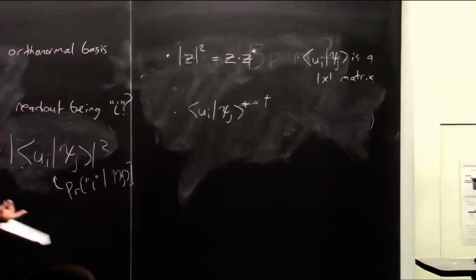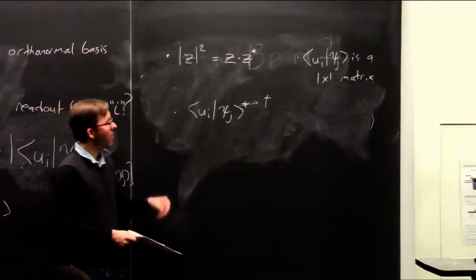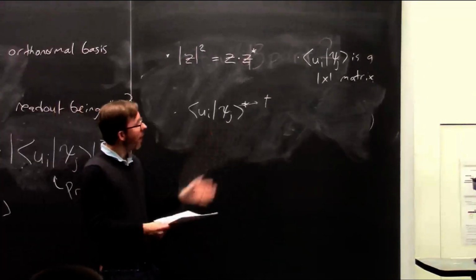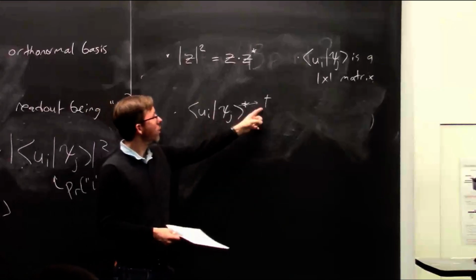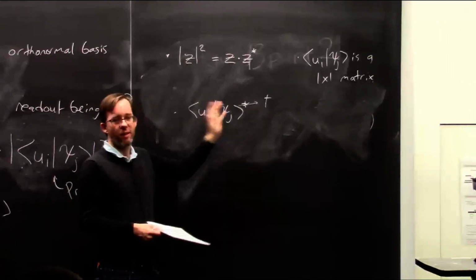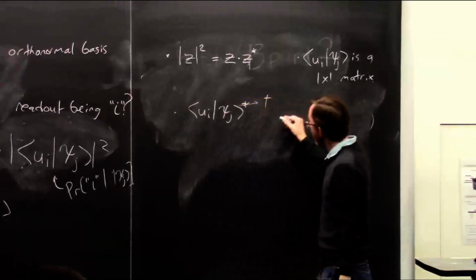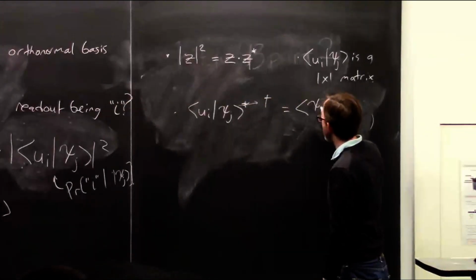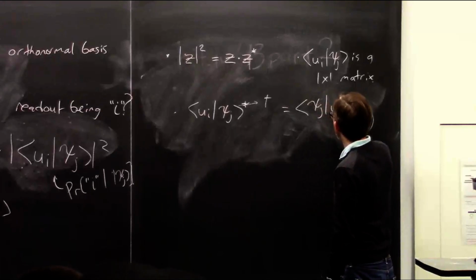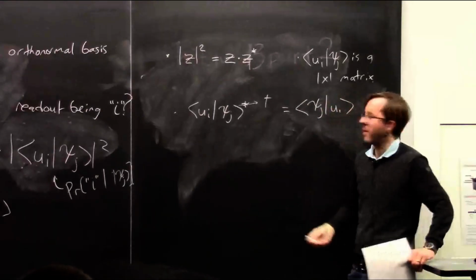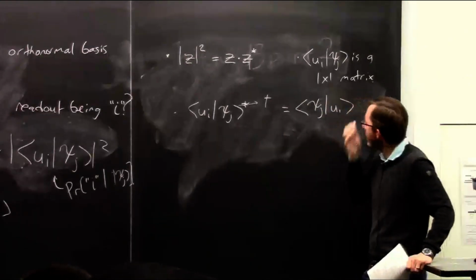Dagger is just a complex conjugation and transpose. But if you transpose a 1 by 1 matrix, aka number, nothing happens. But the reason I write it that way is, if you dagger the product of two matrices, you get the product of the daggers in the opposite direction. In other words, this is psi j ui. I guess possibly I made you do this on homework 2 or something.